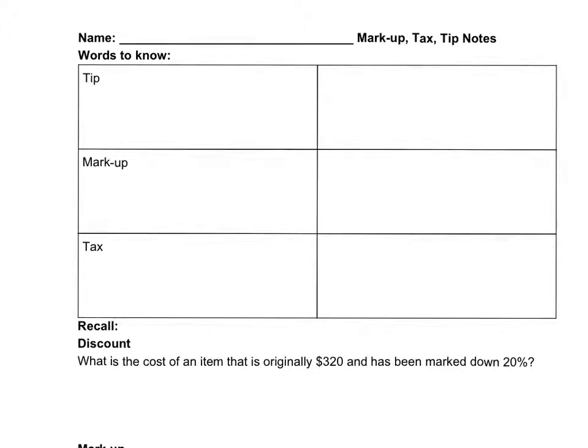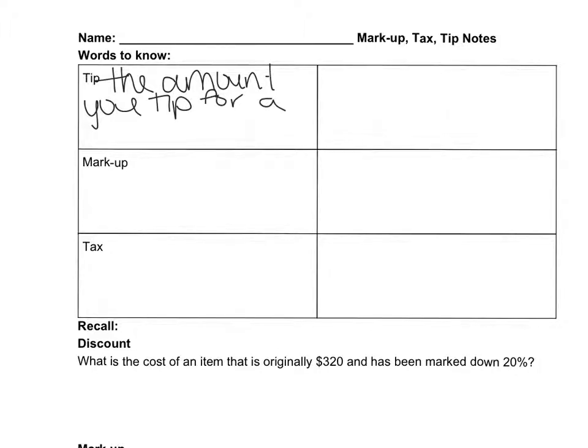So the tip is the amount you give for a service. You add it onto your bill, so that's a good point to make. The amount you give for a service, add to bill.